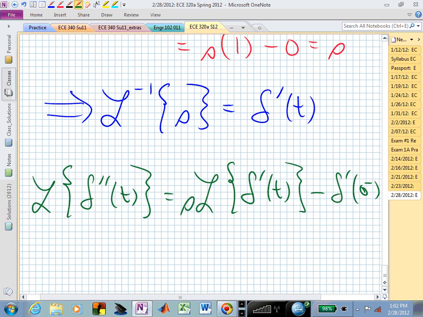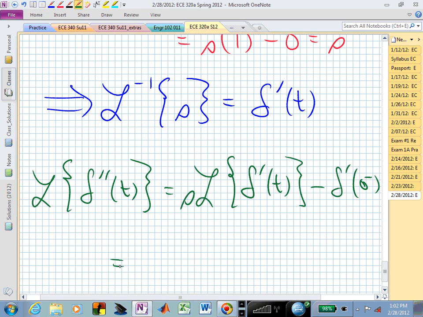And what do you think this looks like? We just calculated the Laplace of the impulse's derivative, and that was s. So now we have s times s, and what's the time rate of change of the impulse at 0 minus? 0. It was not doing anything at that location, so it's 0.